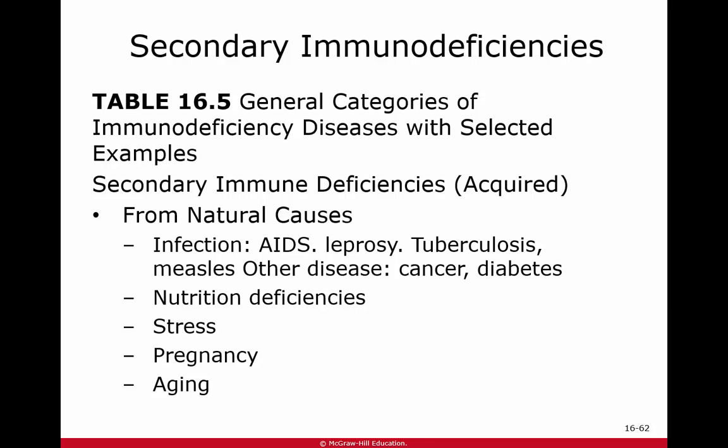The secondary immunodeficiencies, we've got these categories of diseases. These are the ones that are acquired after birth. It can be from natural causes, like you've had an infection like AIDS or leprosy or tuberculosis or some types of cancer. It can be caused by nutritional deficiencies, stress, pregnancy, or aging.